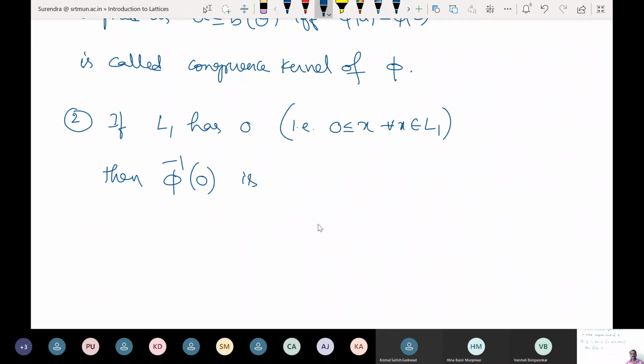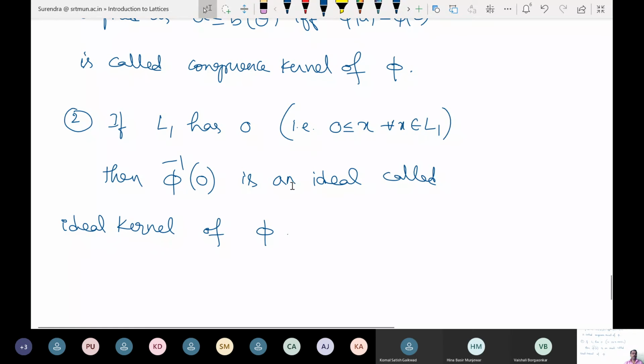We know that it is an ideal, not lattice, sorry, it is an ideal that you can easily check, called the kernel ideal, or ideal kernel you can call it, just like how we said here congruence kernel. So it is called the ideal kernel of that map phi.